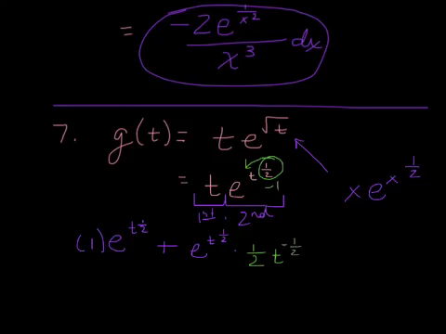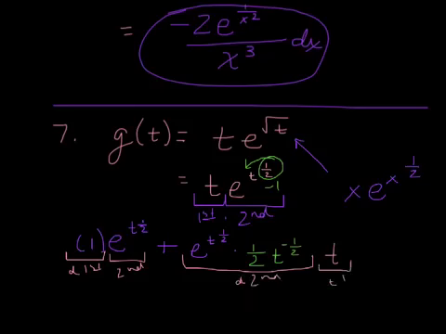I get to the negative 1/2 power. And then I have to multiply that times the first, which is t. So this is derivative of the first times the second, plus derivative of the second times the first. Okay, your cleanup.